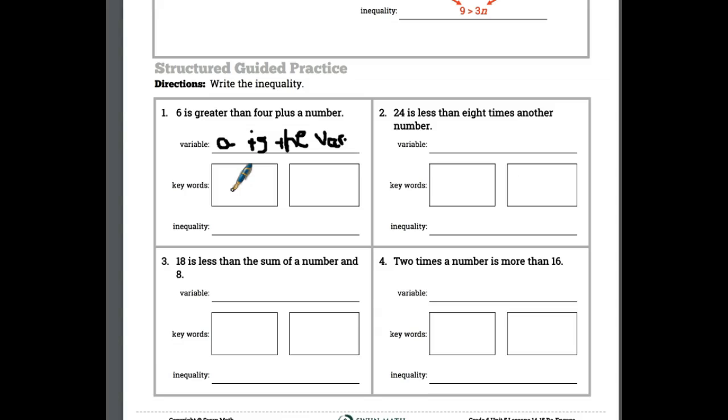And keywords for this is 6 greater than, and I'm going to put the greater than symbol. And this is 4 plus. Plus indicates addition. A number. 4 plus a. So your inequality should be 6 is greater than 4 plus a.